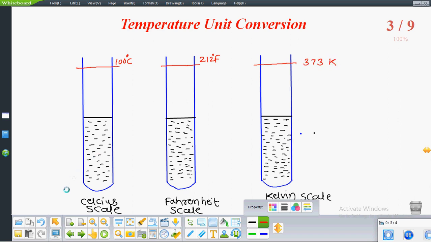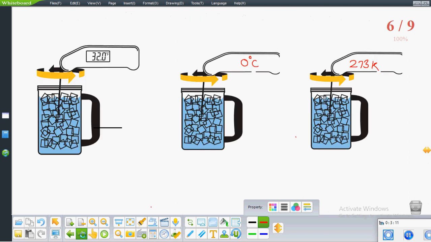Now the second step is you put these three glass tubes in a cup of ice cubes, right? So what happened? The mercury moves downward and gives you a reading of 32 degrees Fahrenheit on the Fahrenheit scale, 0 degree centigrade on the Celsius scale, and 273 degrees Kelvin on the Kelvin scale.